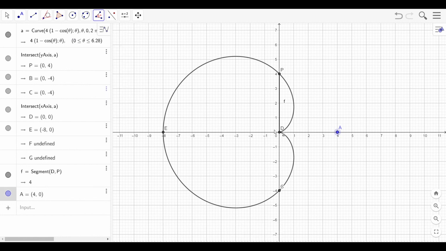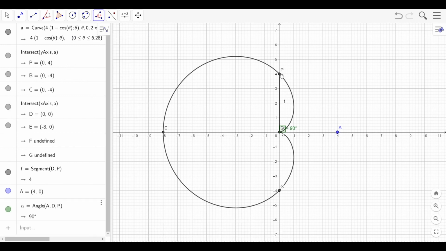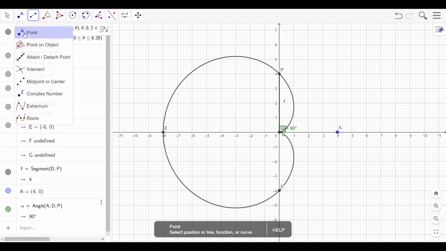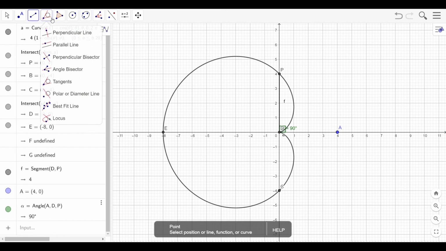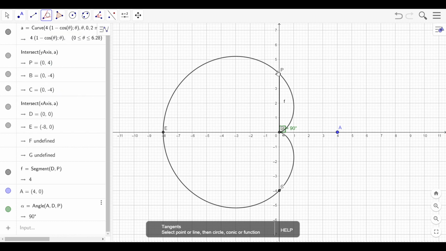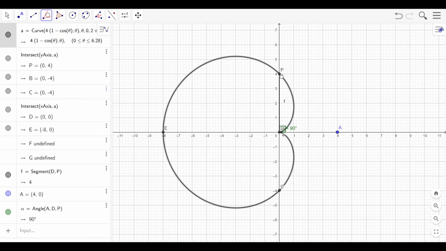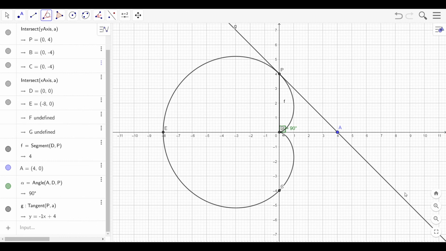Now you plot the tangent at P. So you can see that this is the tangent at P, and we have to show that the angle between the radius vector and the tangent is half the angle between the initial and the radius vector.